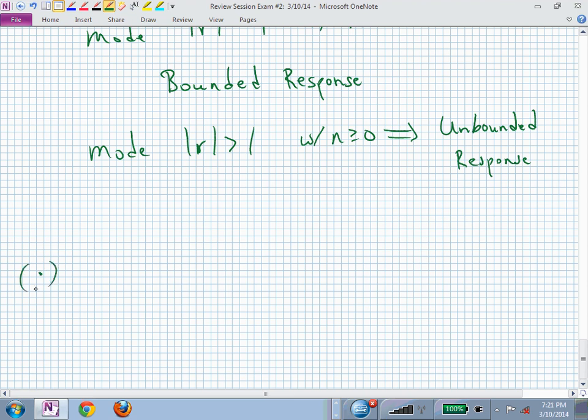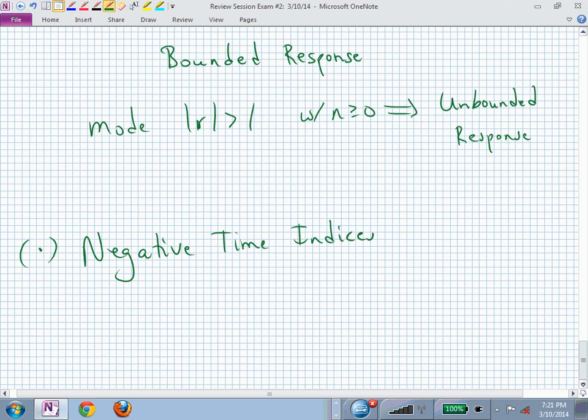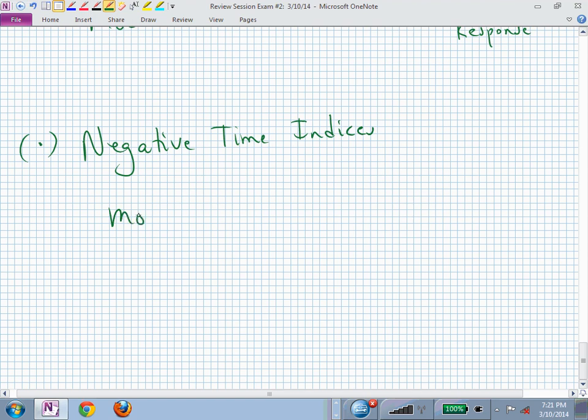We also can look at bounded behavior for negative time indices. Meaning here, if you have a mode with R less than 1, what's that going to do in the time response?